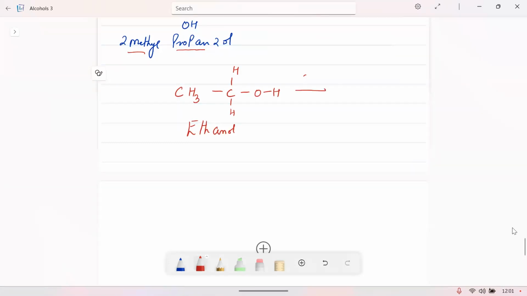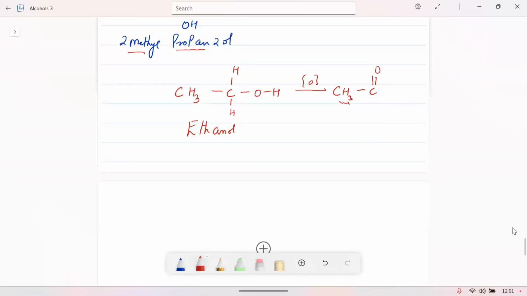Now, when it is oxidized, I'm focusing on the carbon that carries the OH, so that's why I'm writing this as a displayed formula. When it gets oxidized, it will form an aldehyde.